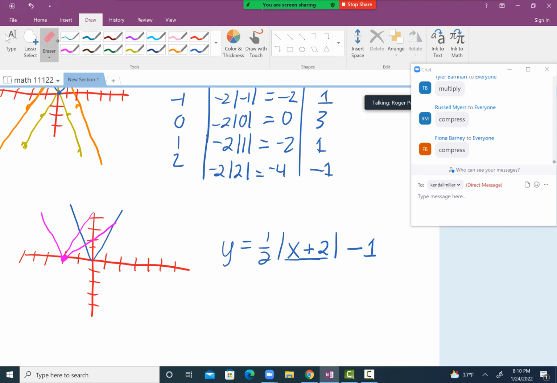Let me change this to this light blue. I'm just sketching this. If I want an accurate sketch, I'll put in decimals. But here I'm just sketching it out. So there, I took care of the 1/2. Now what do we do with this thing to finish it off?